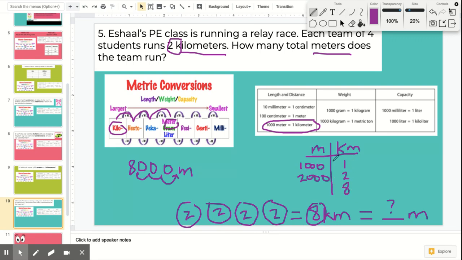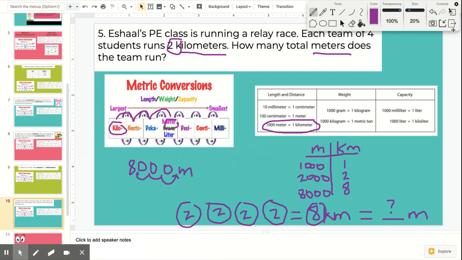So if 1 is 1,000, 2 is 2,000, 8 is 8,000. Okay, and there you have it. So I got the answer of 8,000 2 different ways. So this team of 4 members ran a total of 8,000 meters altogether.